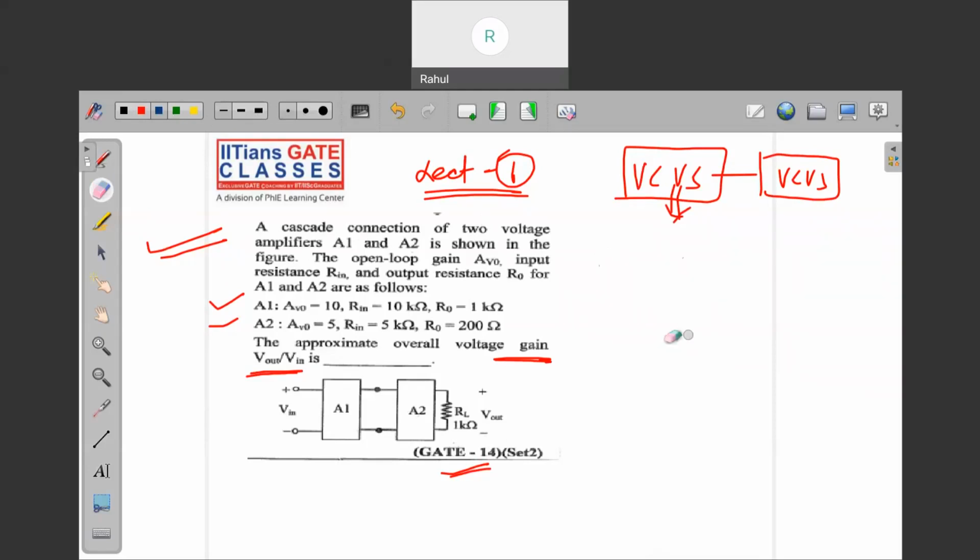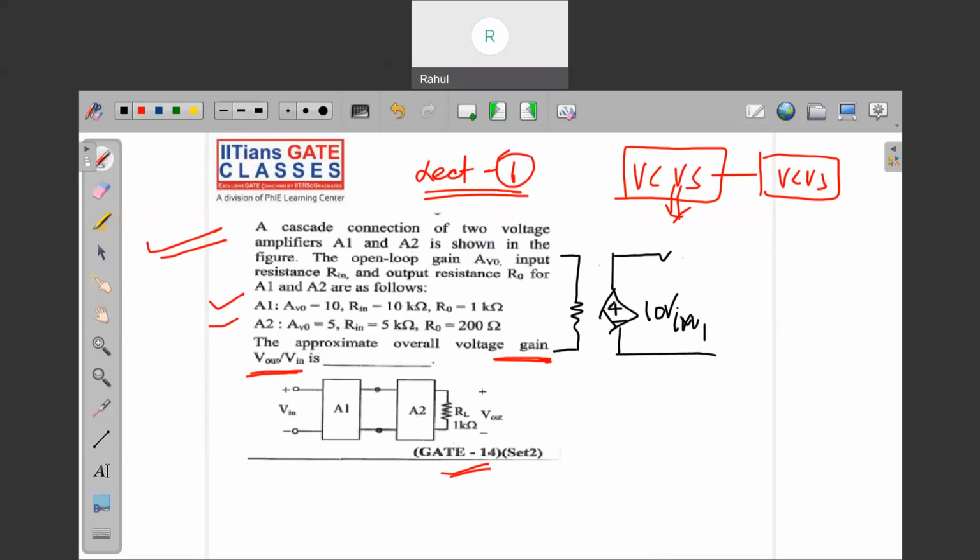So let me draw a slightly bigger circuit so that things can be accommodated. This is what the circuit looks like. This will be K times, K meaning this open loop gain, times the Vin1, so 10 times Vin1.